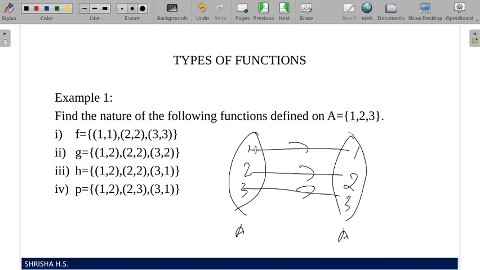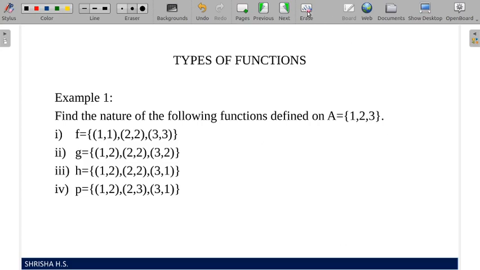So you apply an element: f(a) = a for every element a. Okay, so you apply f(1) is 1, f(2) is 2, f(3) is 3. So therefore it is an identity function on A. If you know the definition, you can write the conclusion, right?